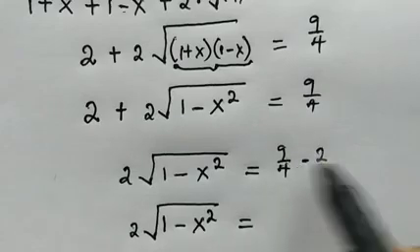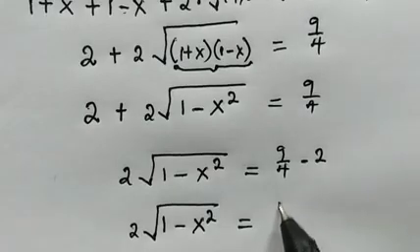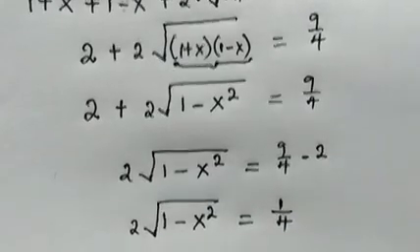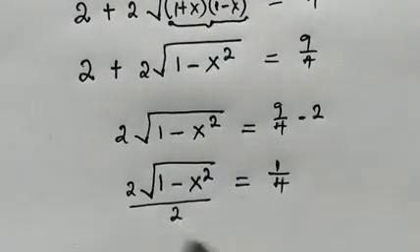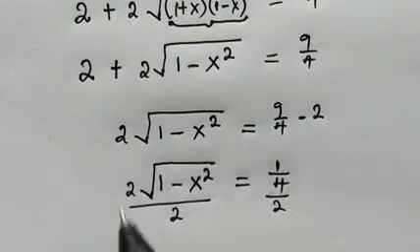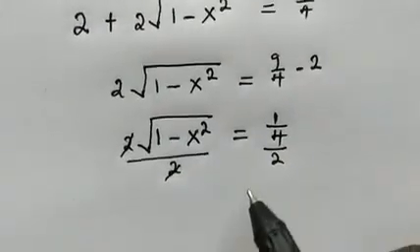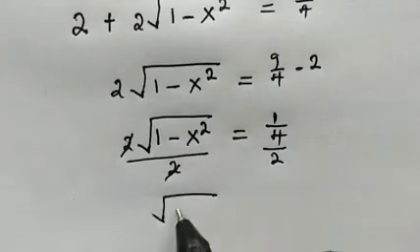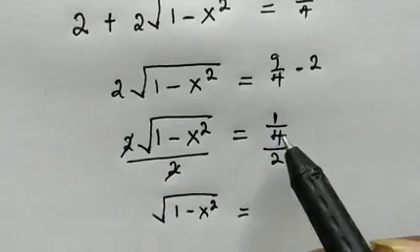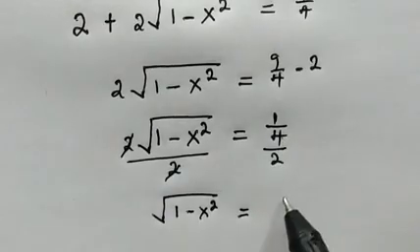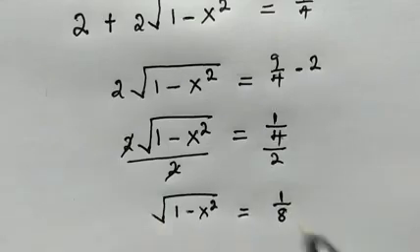So 9 minus 8 will give us 1, so this is the same as 1 divided by 4. Now, in our next step, let us divide both sides by 2. We cancel this 2 from here, and we get the square root of 1 minus x squared equal to, this will be the same as 4 times 2 here, so we get 1 over 8.